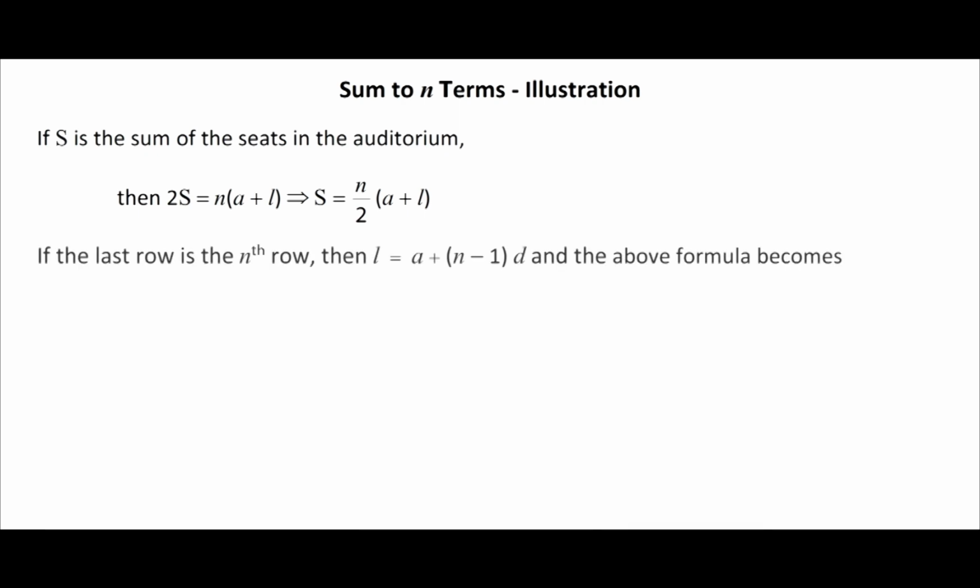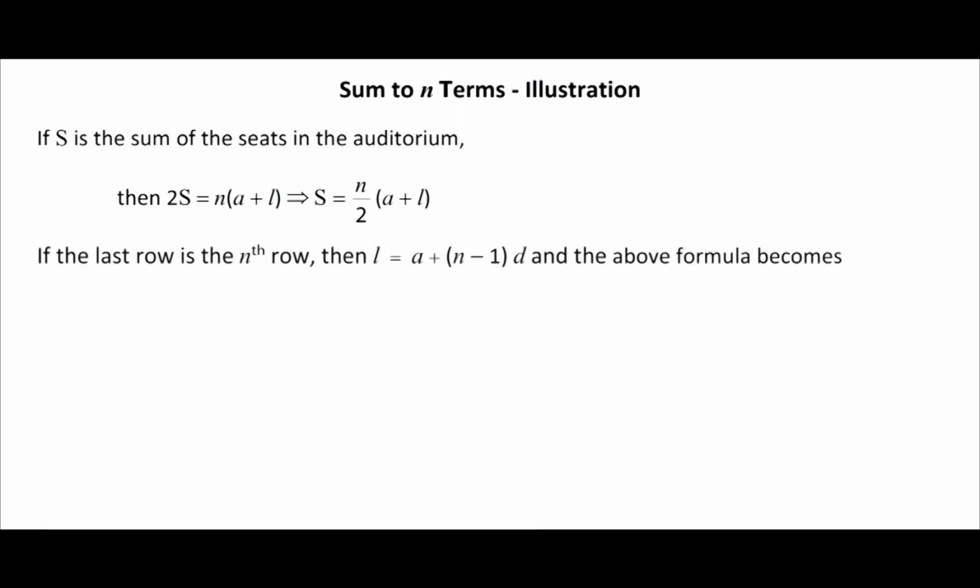If S is the sum of the seats in the auditorium, then 2S is equal to n into (A plus L), which implies S is equal to n divided by 2 times (A plus L).